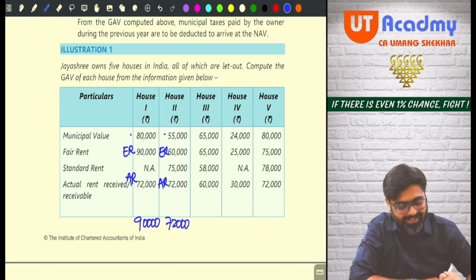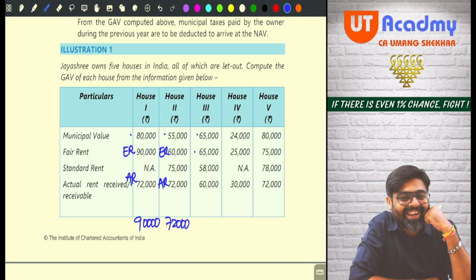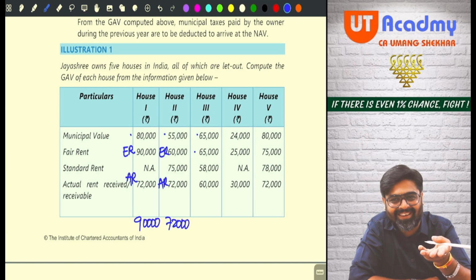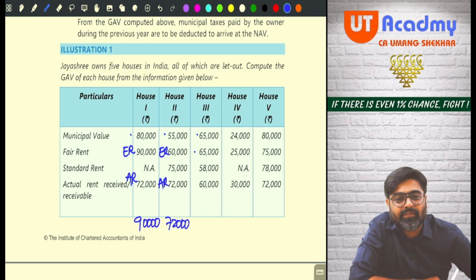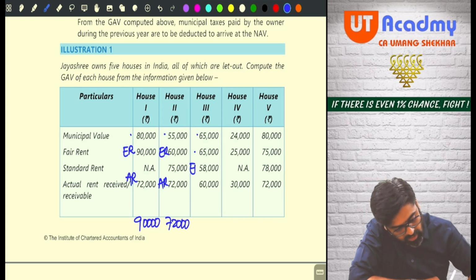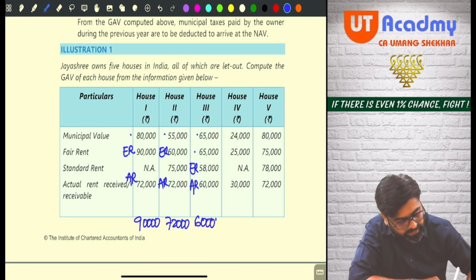Next, 65 or 65, whichever is higher: 65 only. Any 65 you take, that is higher only. Next one, 65 or 58, whichever is lower. So this will be your expected rent and this is the actual rent. So here it will be 60.